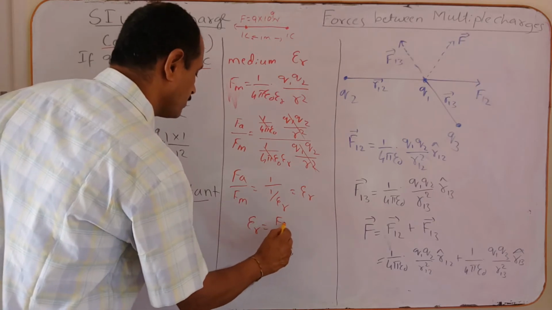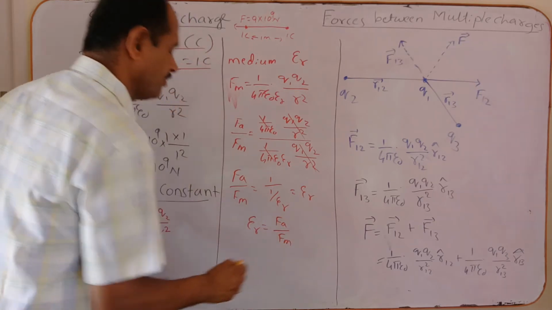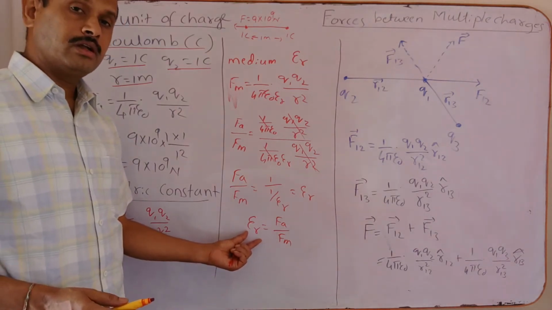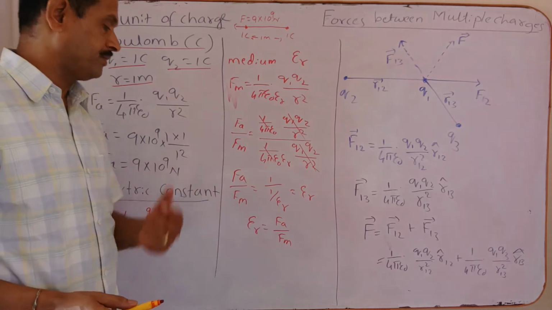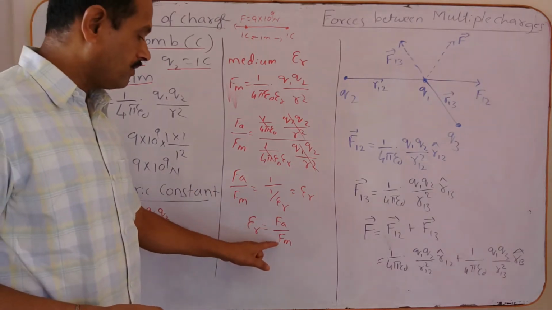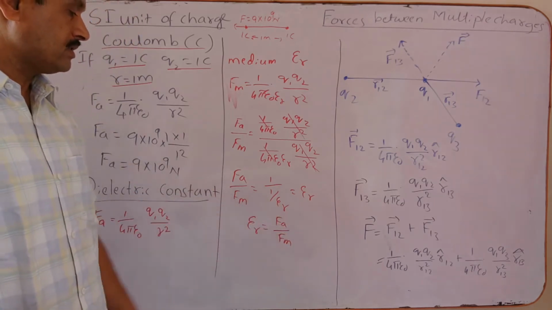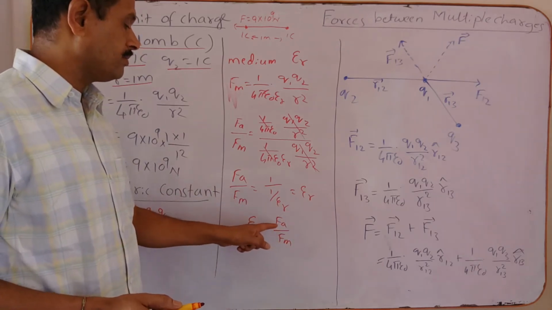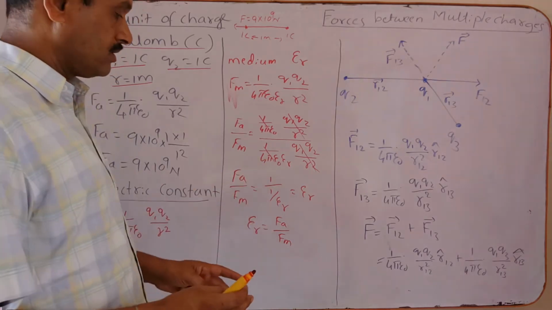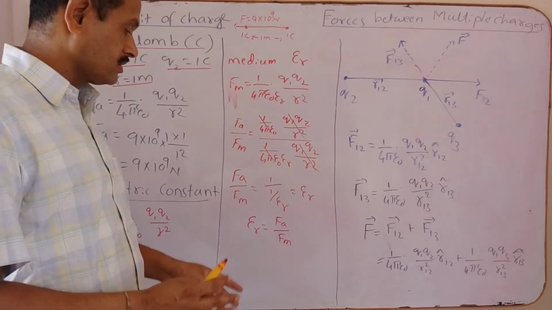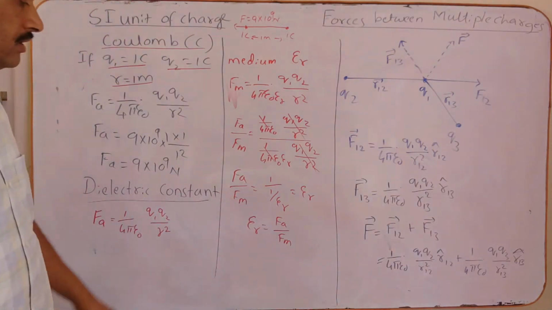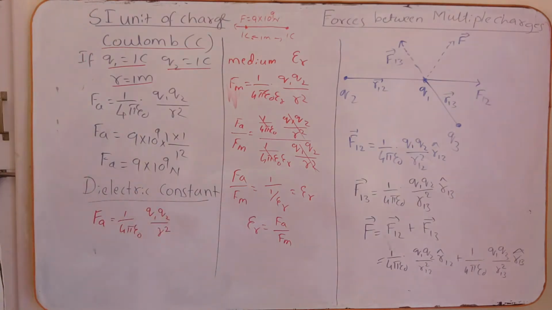Epsilon r is equal to Fa upon Fm. It is the dielectric constant, or relative permittivity. The dielectric constant of the medium is defined as the ratio of the force between 2 point charges placed in air at a distance, to the force between the same 2 point charges at the same distance when placed in the given medium. This is the definition of dielectric constant.